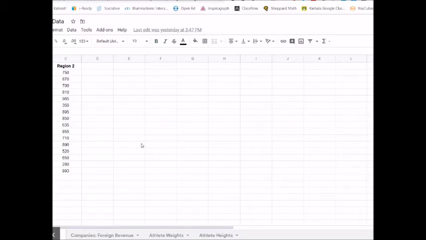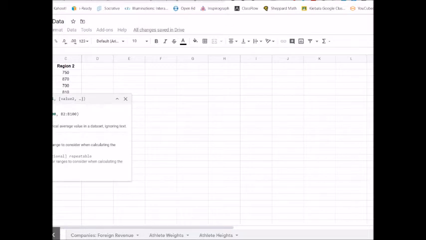One way to do that, you could just count it, but you could also use the function COUNT, and count how many things are here. So the sample size for region 1, it's lagging a little, 12.